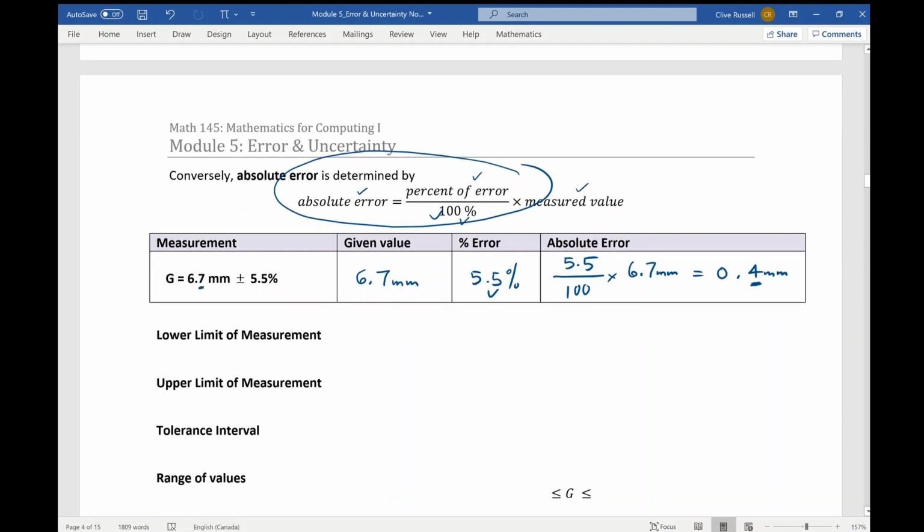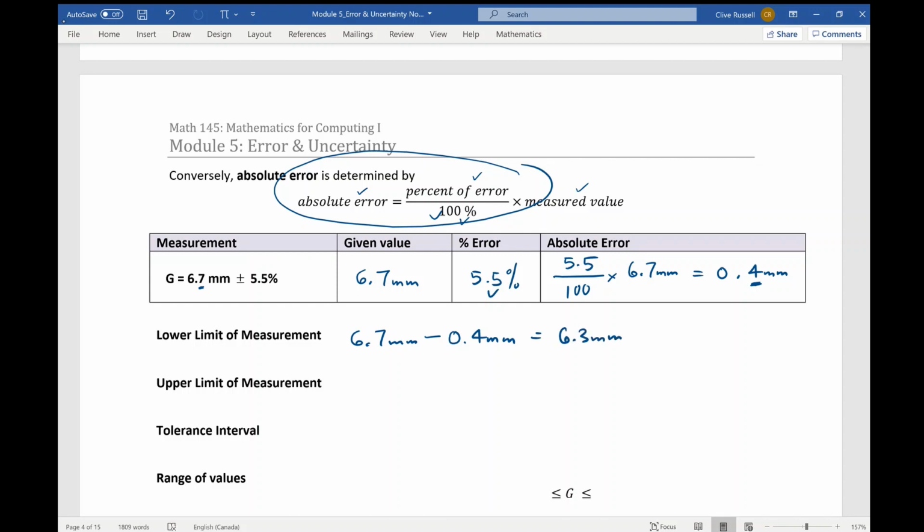So the lower limit then is going to be our 6.7 millimeters, which is our measured value, and we're subtracting the 0.4. And that gives us 6.3 millimeters.